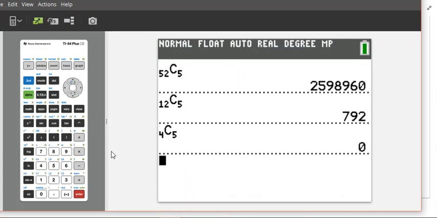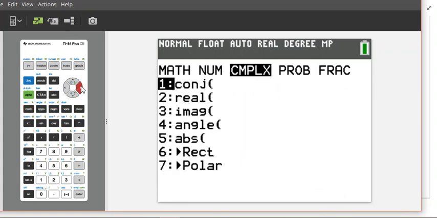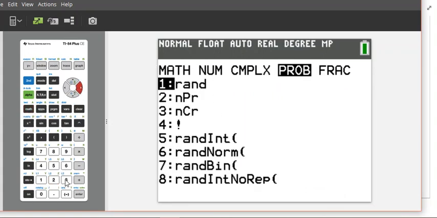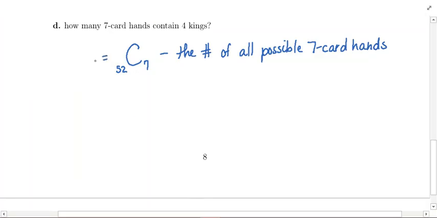Let's go here. I'll clear this out and do 52 choose 7. Again, a very large number. Let's jot this down. Go back to our notes. I'll put the number right here.